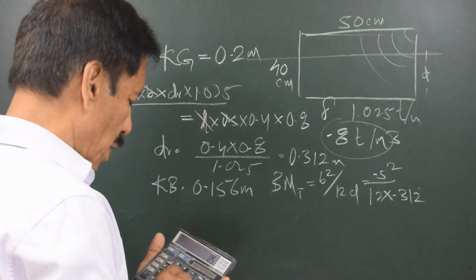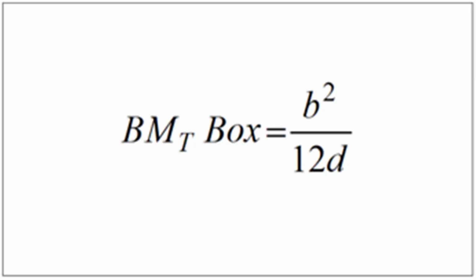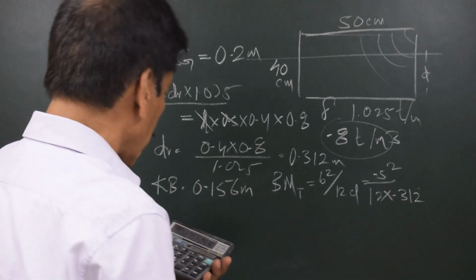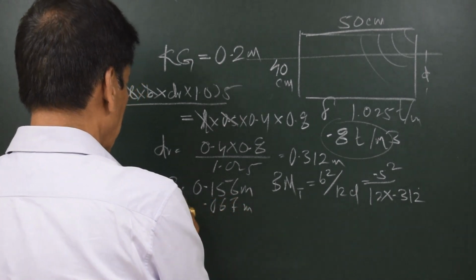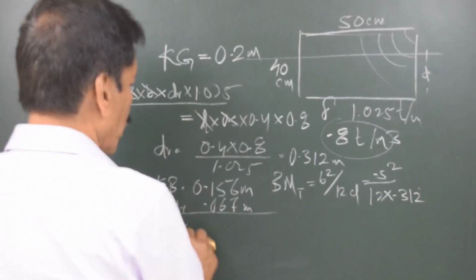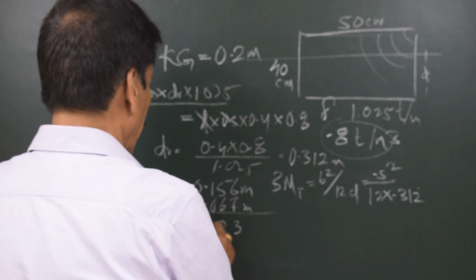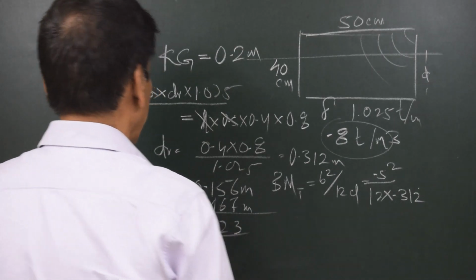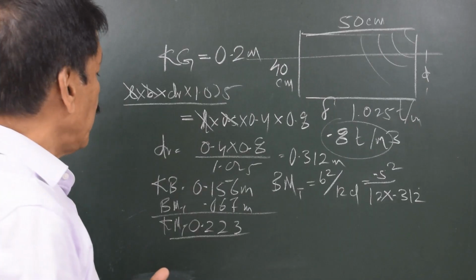So 0.5 into 0.5 divided by 12 divided by 0.312 gives me 0.067 meters. That is the BM transverse. So what is the KM transverse? KM transverse is equal to 0.223 meters, and we said what is KG?